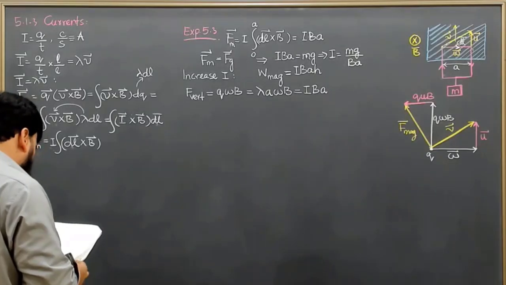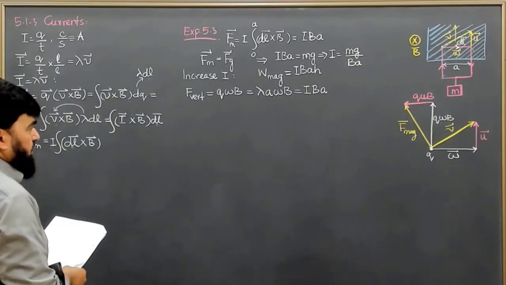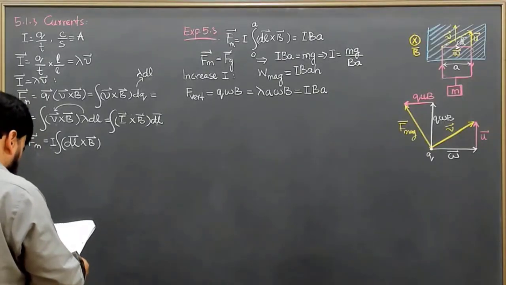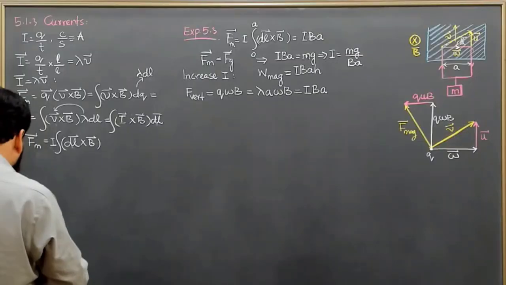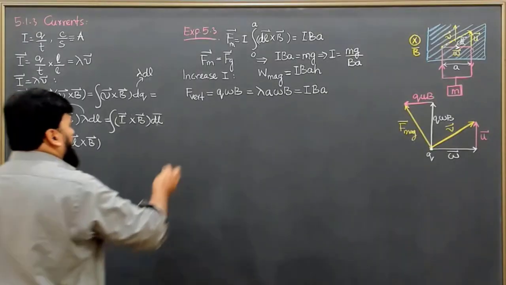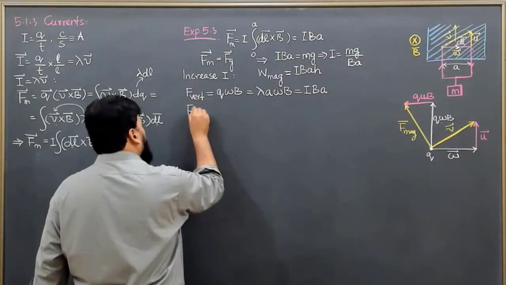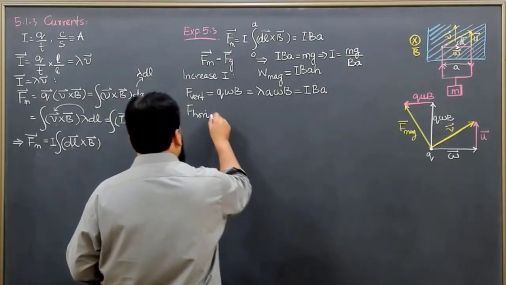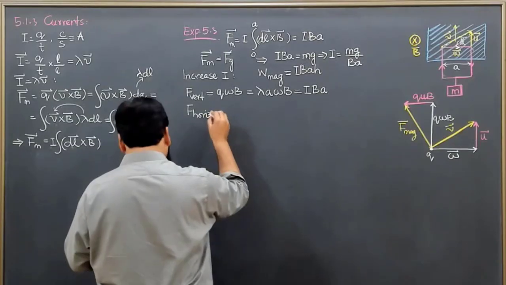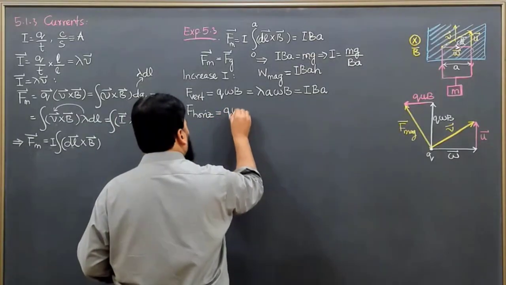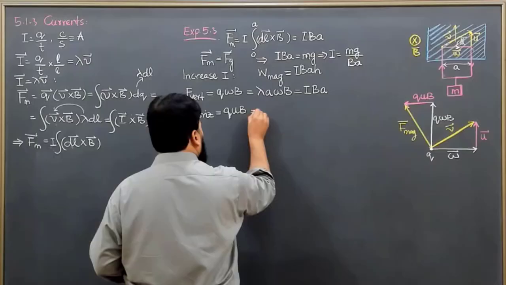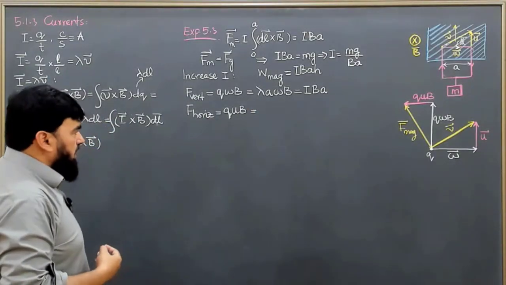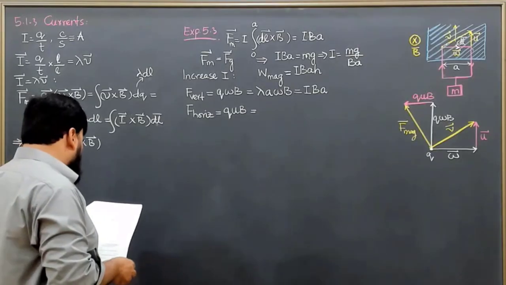And what about the horizontal component? The horizontal component is QUB here, and it is in the opposing direction.